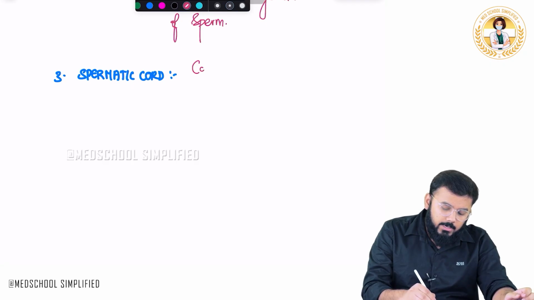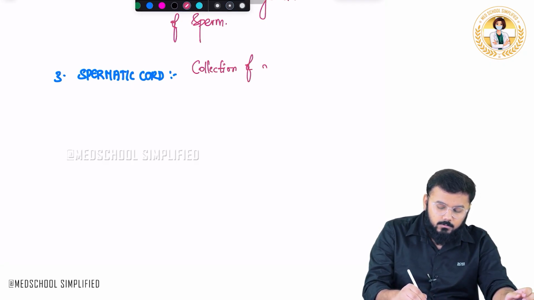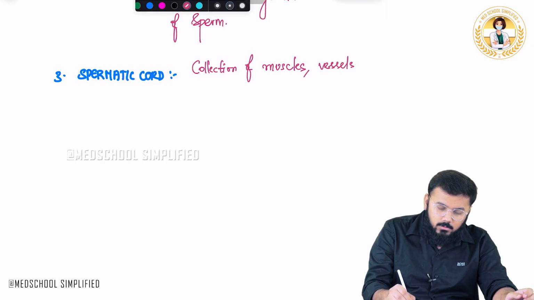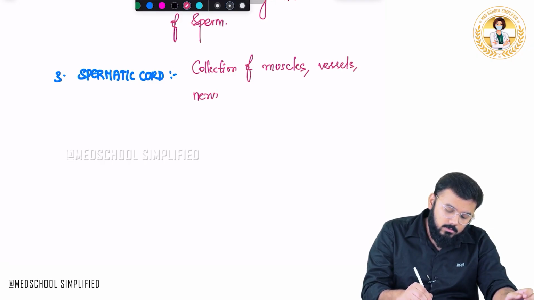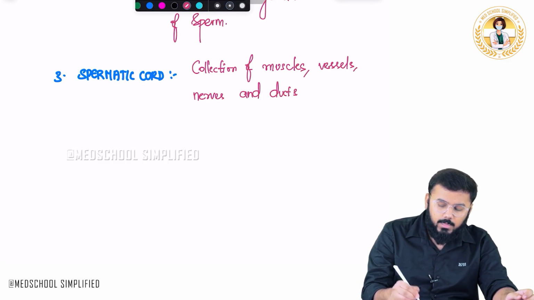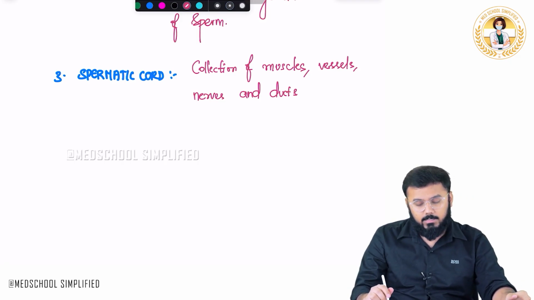So spermatic cord simply means a collection of muscles, vessels, nerves and ducts. All of them together you call a spermatic cord.